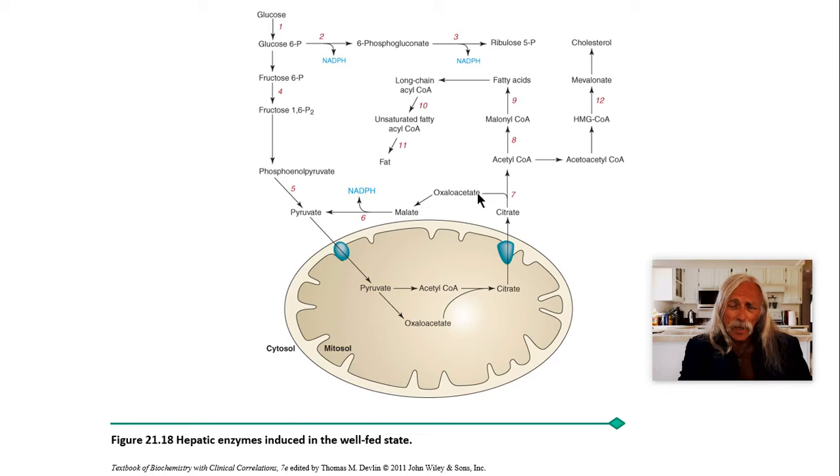The malic enzyme, after the malate dehydrogenase reaction, will also make some NADPH and make resynthesized pyruvate, driving the carbon back into the mitochondrion because there is a monocarboxylic transport system for citrate versus pyruvate.